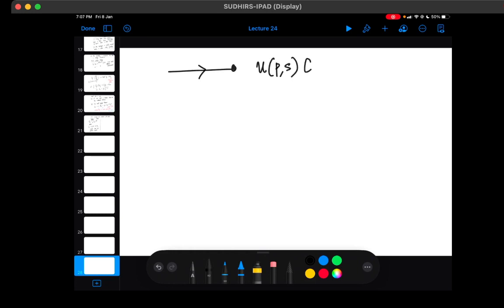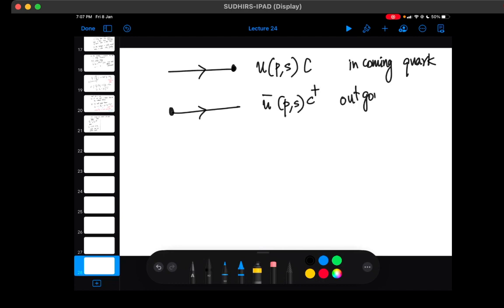So the incoming quark, this is a vertex and then quark. Now the outgoing quark will be u bar (p,s) c dagger, outgoing quark.